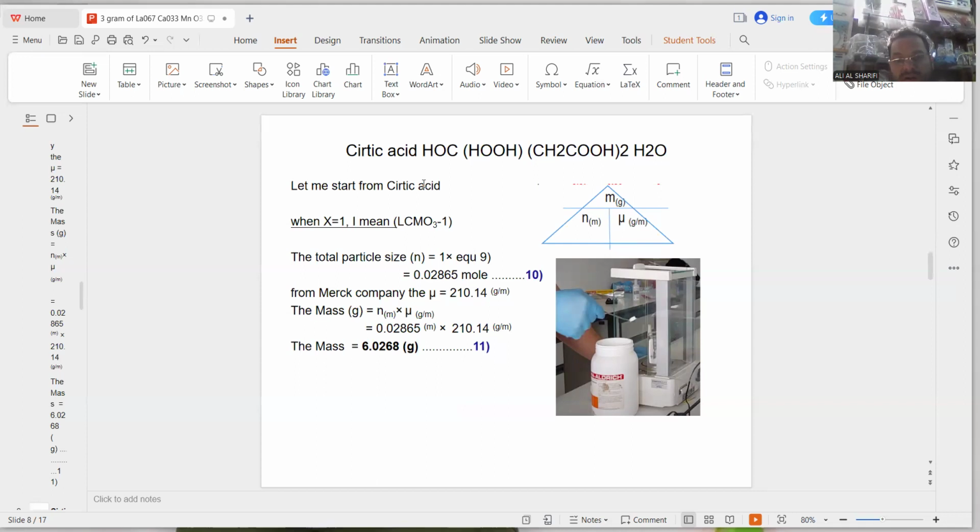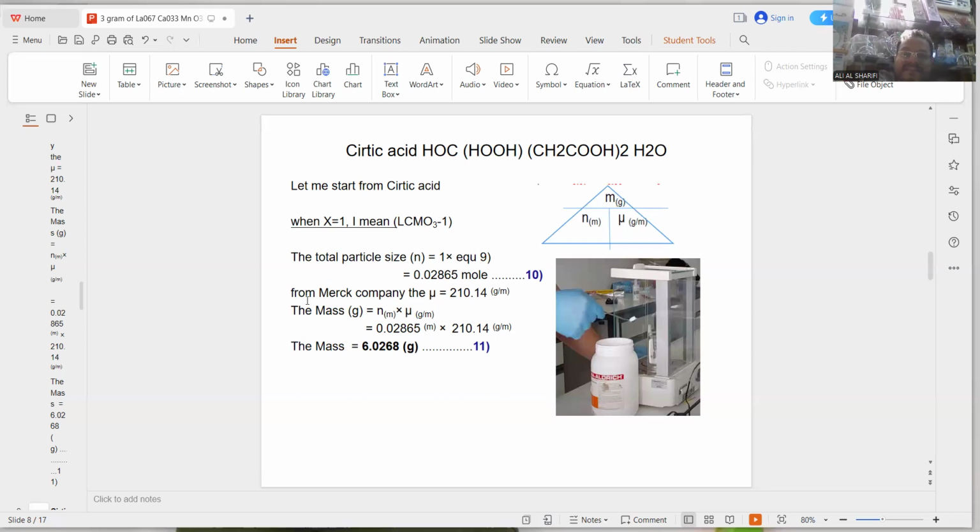When X equals 1, I mean LCMO3-1, the total mole number at equation 9, like I said before, is very important. 1 multiplied by the total mole number of the metallic elements in my structure equals 0.02865 mole because it's multiple 1.